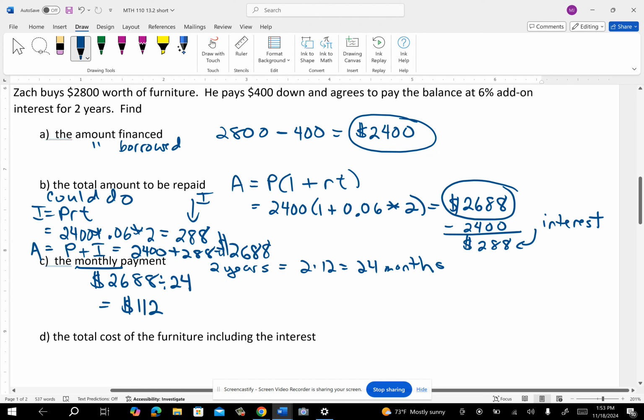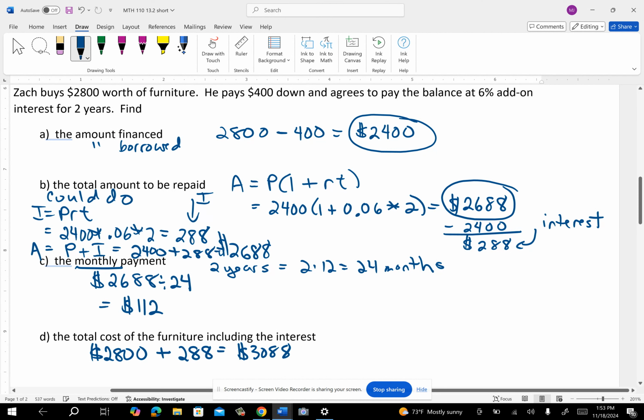All right, so let's think about this then. That furniture really cost you more than $2,800, didn't it? That furniture was really $2,800 plus that added amount of interest, that added $288, so the $3,088.